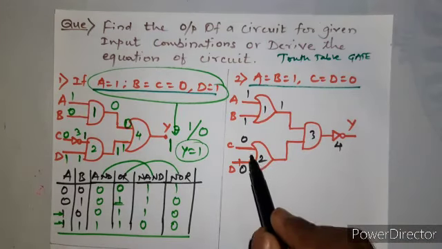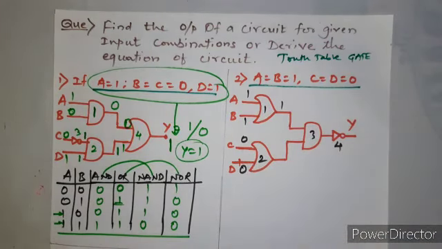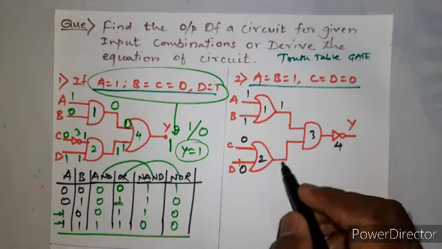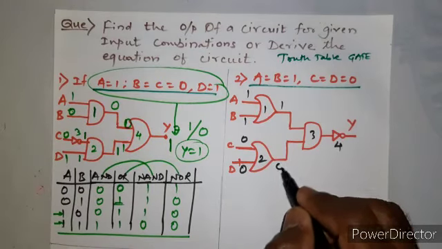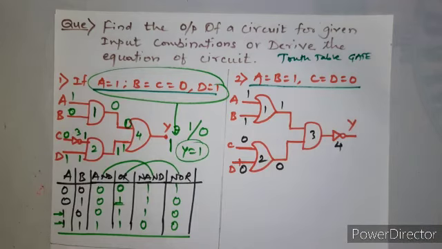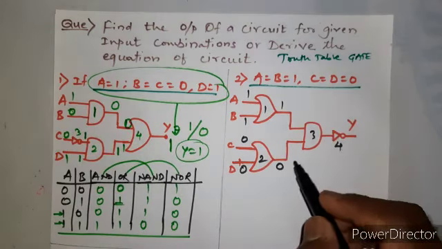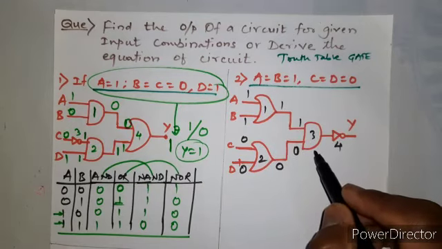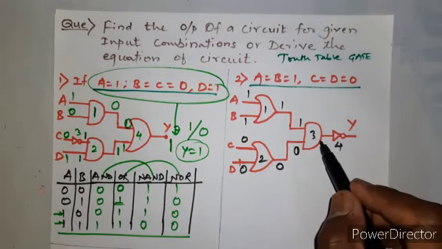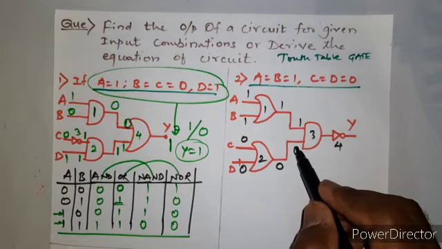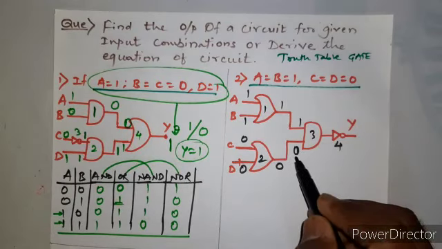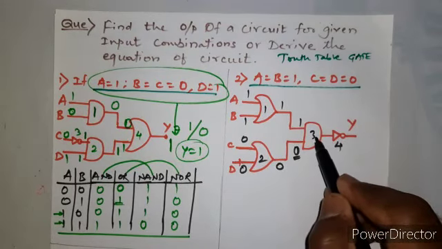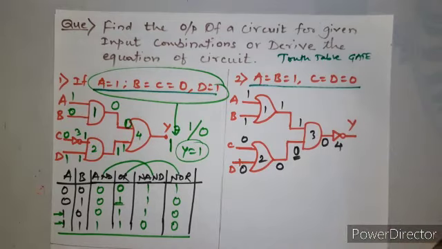Again this is an OR gate, now both inputs are 0, right? So 0 or 0 is 0. Okay, now this is given as input to gate 3. Now gate 3 is an AND gate. In the AND gate we have that logic, if any of the input is 0 for the AND gate, output is 0, right?